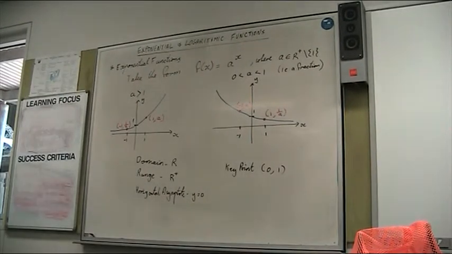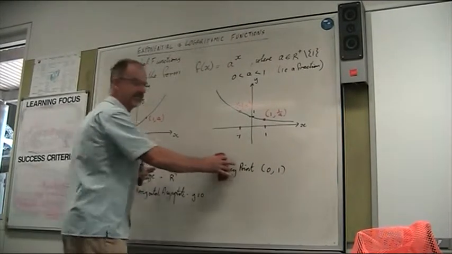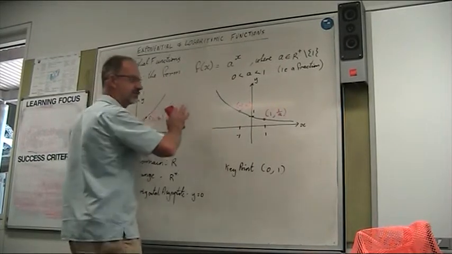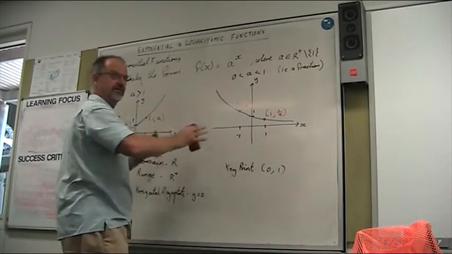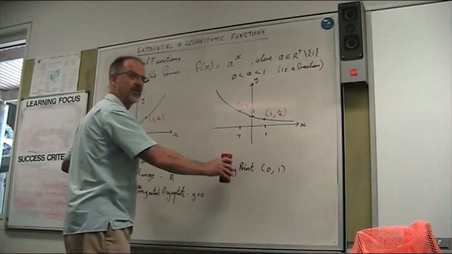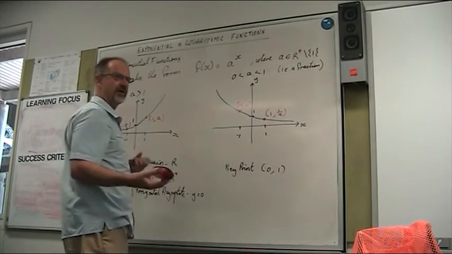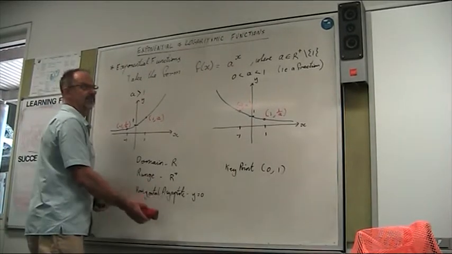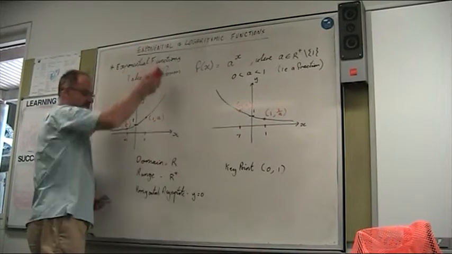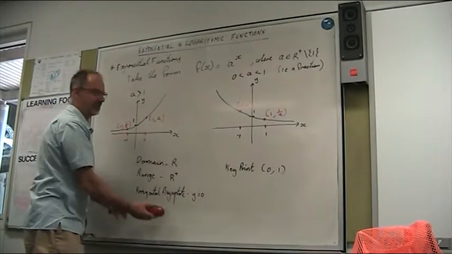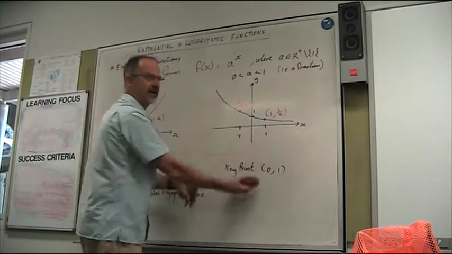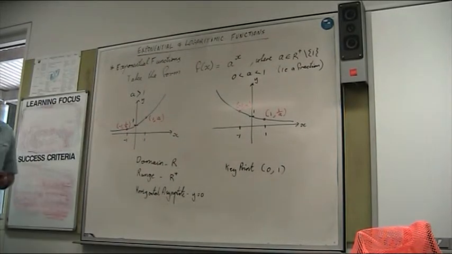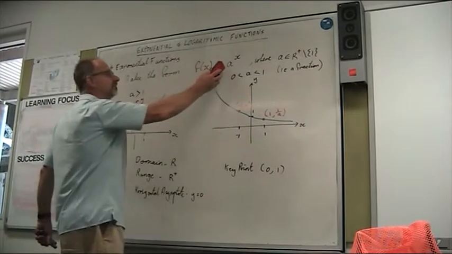So these are the features of our standard exponential, a to the power of x, and if we've got some transformations, then these features may or may not move depending on what our transformations are. If we've got a translation up or down, then the asymptote's going to move up and down, and this key point's going to move up or down.